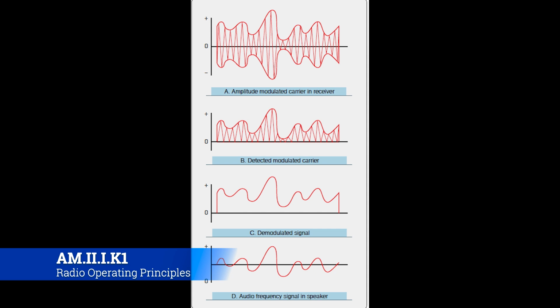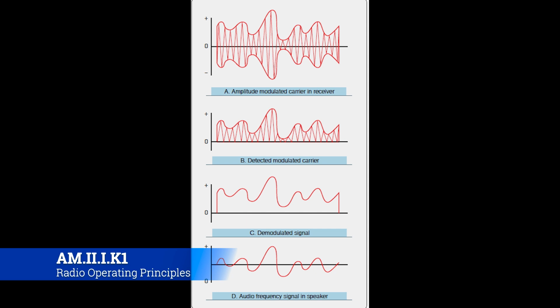The next thing that has to happen is that the carrier wave is going to be removed from it. We had your carrier wave and your modulated wave that came together and made a baby into what was received there in graphic A. We're going to take the carrier wave off, and all that's left is the demodulated signal.